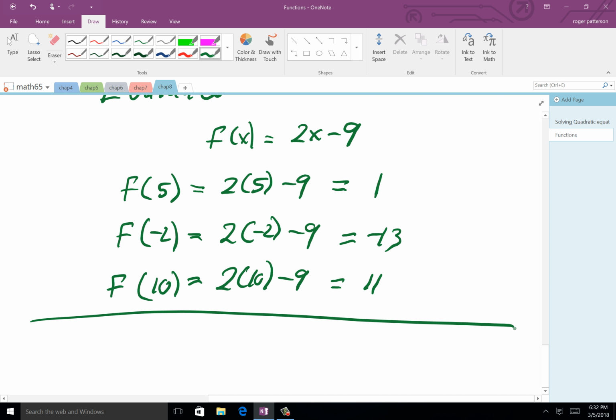That's evaluating them. You're just putting the values in, figuring it out. There's really not anything to worry too much about with that. You guys should really do fine with that.